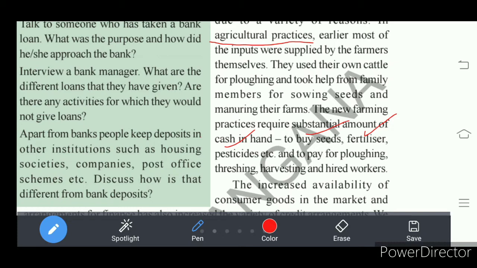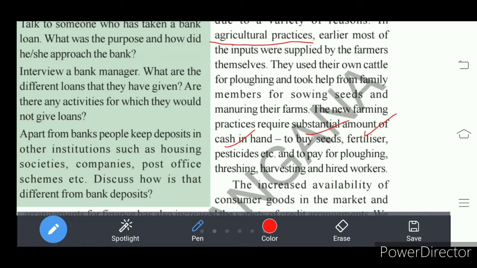For all the different works in the agriculture field, labor is needed. So laborers are recruited on what we call wages. They have to pay wages to the workers. For that they need cash.